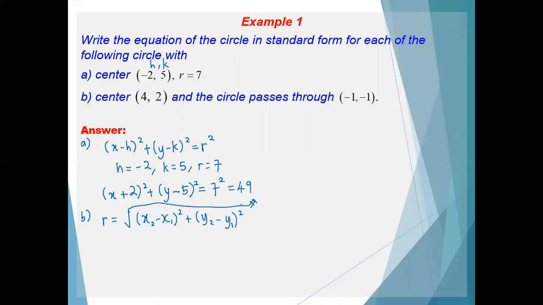Okay, you use the knowledge on last week. Okay, so equal to, okay, square root x2 is -1 minus x1 which is 4, square plus y2 which is -1 minus y1 which is 2, square.